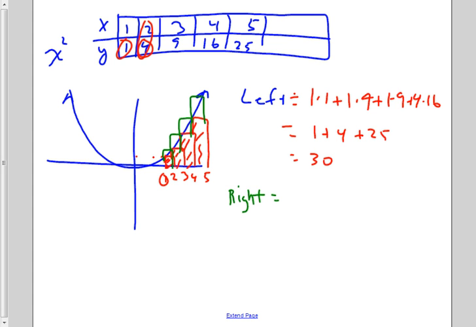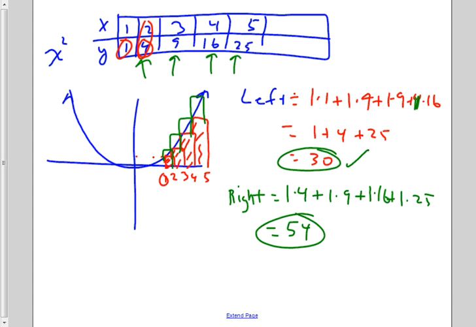So now I'm going to be using these values here. So 1 times 4 plus 1 times 9 plus 1 times 16 plus 1 times 25. And now when we add this all up, we get 54, a significantly different estimation than before. And that has to do with the fact that our rectangles are pretty wide.